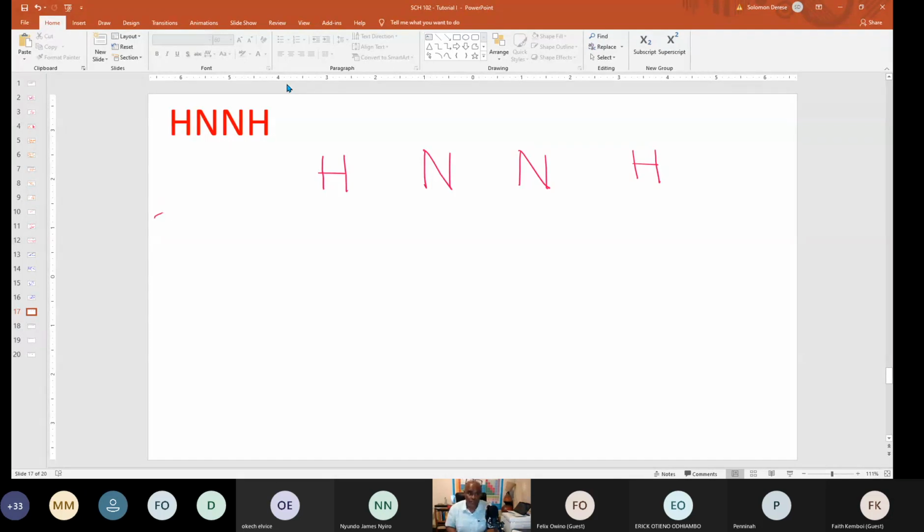So we have 2 hydrogens and 2 nitrogens, okay? 2 electrons because of the hydrogens and 10 electrons because of the 2 nitrogens. In total, how many electrons do we have? 12.